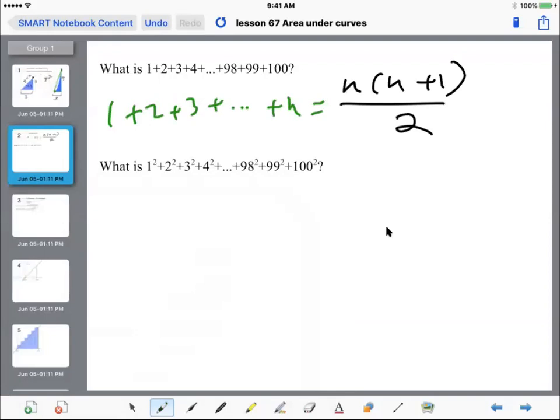That formula is justified really quickly. The first and last number add up to n plus 1, and so do the second and second to last number, and the number of pairs is n over 2. Now, a less known formula is what the sum of the squares of the first n integers is.